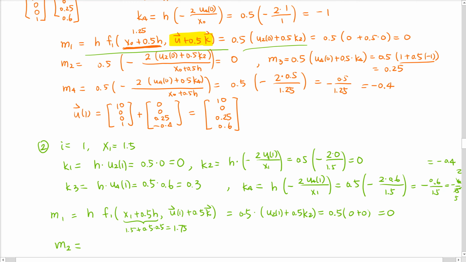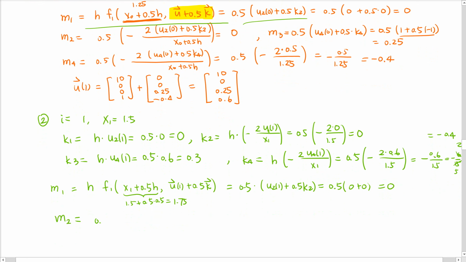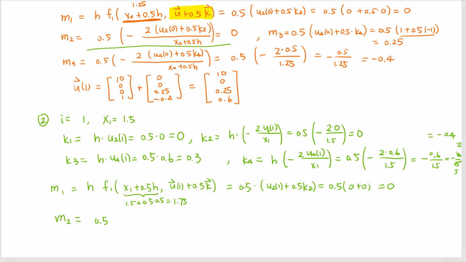M2, okay, so is 0.5. Look at the previous formula. This guy. And then minus, so we get U2 of 1 plus 0.5 K2, we already calculated, and that equals 0.